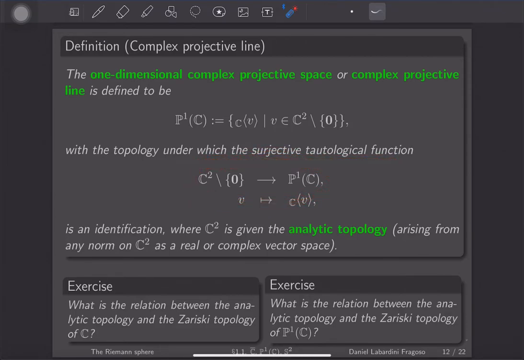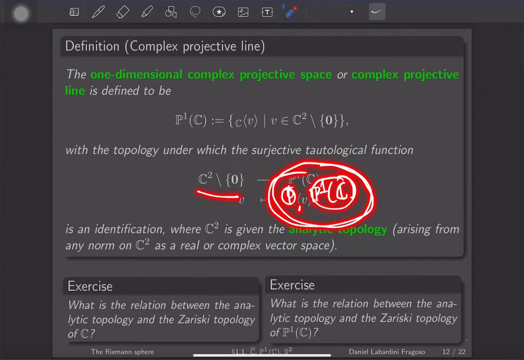So first of all, the inverse image of anything that we declare open has to be open. But then one can say, okay, you have an easy answer: take just the empty set and the total space to be your open sets. Of course, the inverse image of these is open.